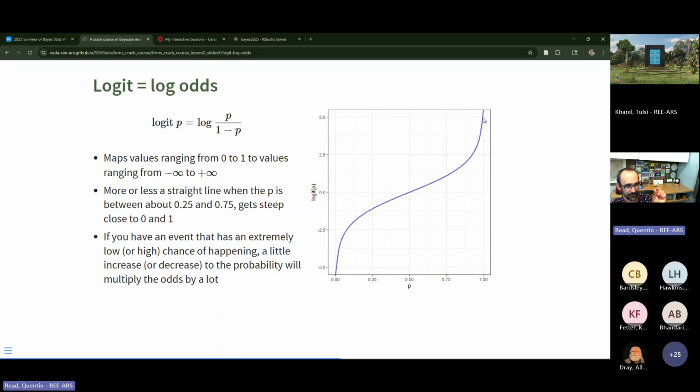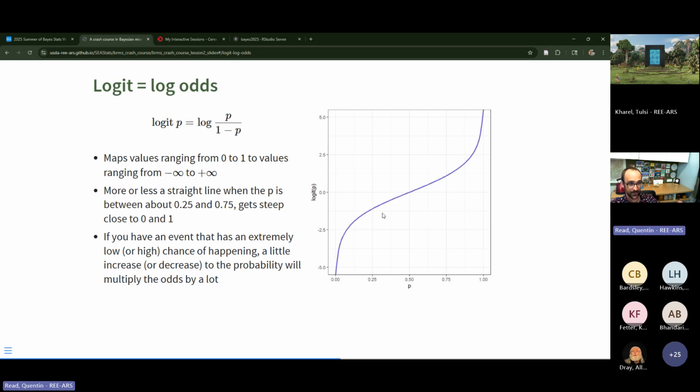There's not really anywhere else for it to go. You're already at 99%. The best you can get is 100%. So it's hard to move up on that curve. Versus if the baseline was down here, the curve is shallower. It's easier to move up and increase the probability, if that makes sense.